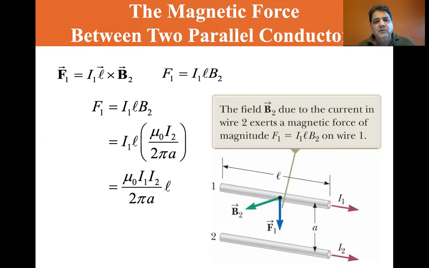What is B2? It's mu 0 I2 divided by 2 pi A, where A is the separation between them.